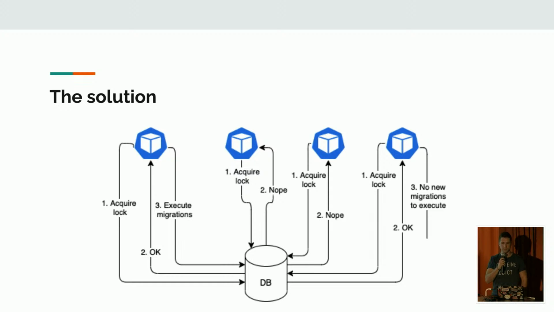Yeah, exactly, for the state of the database. And the problem was that, of course, when you spin up multiple instances at once, you have to have some kind of mechanism to tell that only one instance, because they are identical instances of the same server application spinning up at the same time, is going to execute the migrations, because you don't want to execute the same migration multiple times.